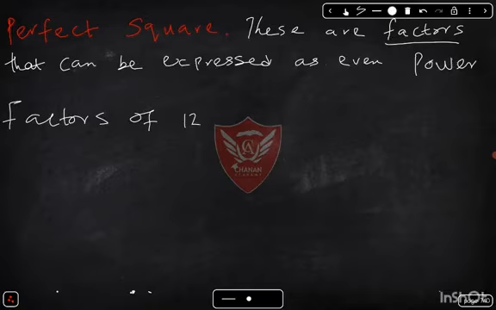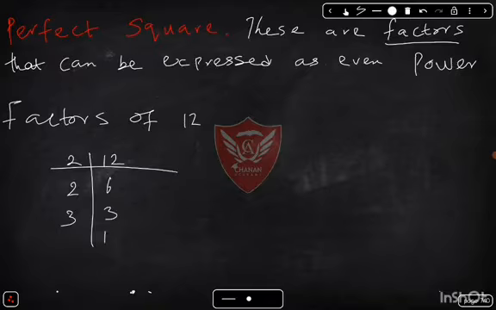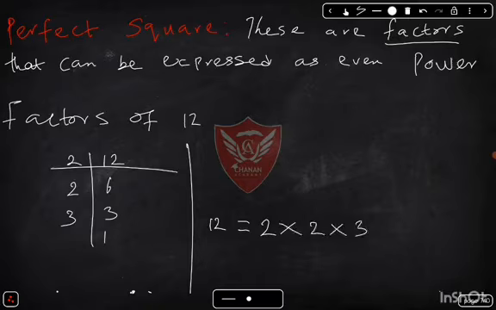So factors of 12, we use the long division method. 12. If 2 divides 12, we have 6. 2 can still divide. If 2 divides 6, we have 3. 2 can no longer divide, so we use 3. If 3 divides 3, the answer is 1. So the factors of 12 are 2 multiplied by 2 multiplied by 3, which is the same thing as 2 raised to the power of 2 multiplied by 3.